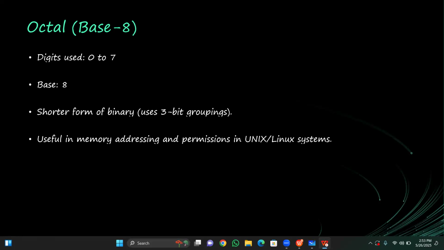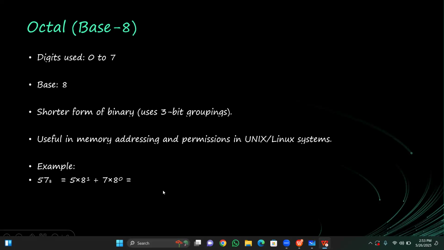Every memory location has an address, just like your house has an address. The memory in your computer has addresses that we can use to search for a location and get the value in it. So the octal number system is useful in memory addressing and in Unix and Linux systems.